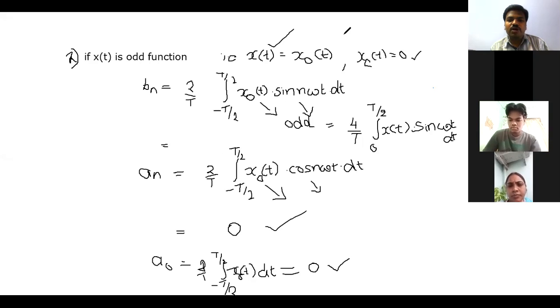Just now we have completed the trigonometric Fourier series expansion, and now we are going to see the second representation of a Fourier series, that is the cosine representation.